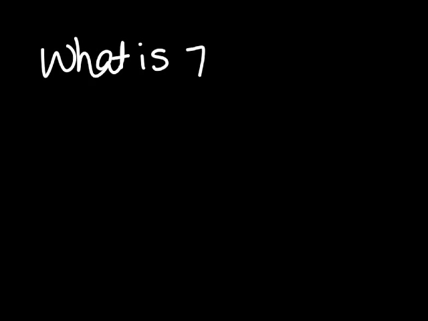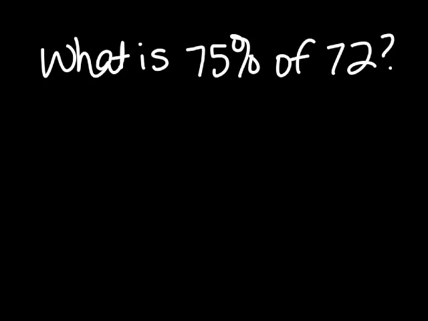Okay? What happens if you have a decimal that's kind of not the easiest decimal to do? Let's say you have, what is 75% of 72? Okay, same thing. So I'm going to go ahead and use option 2.